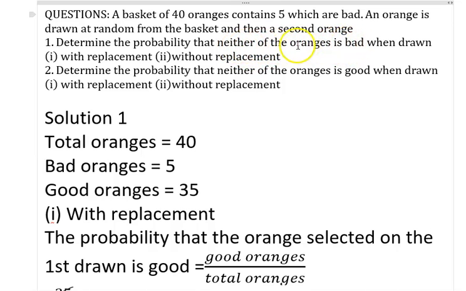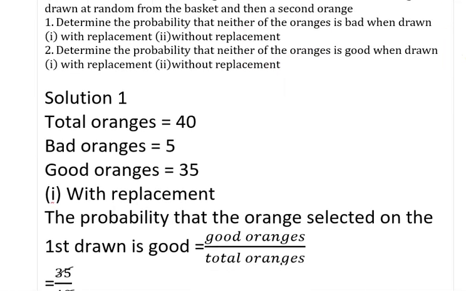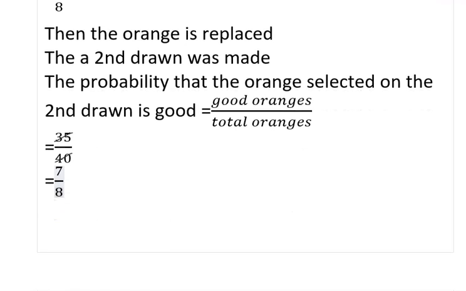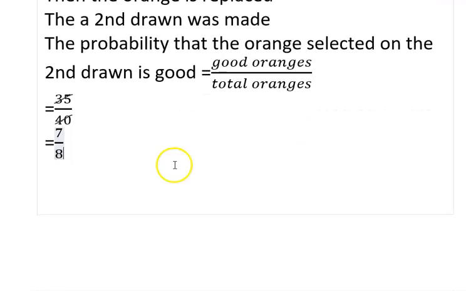If you say neither, the probability that neither of the oranges is bad is still the same thing that the two oranges are good, because they say neither is bad. Because we are dealing with 2 here. So therefore, let me use this. Awesome.